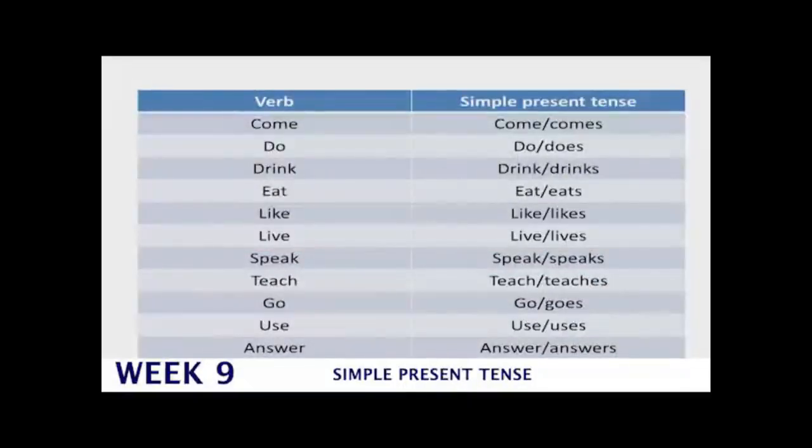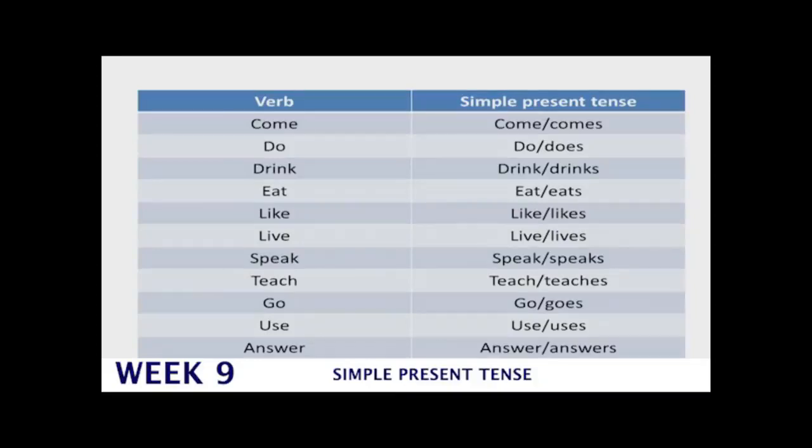So let's see more examples of different verbs and how we would use them in simple present tense. The first form that you see in the second column is used for all the persons except the third person. And the second verb that we see in our second column is how we would use it with the third person.